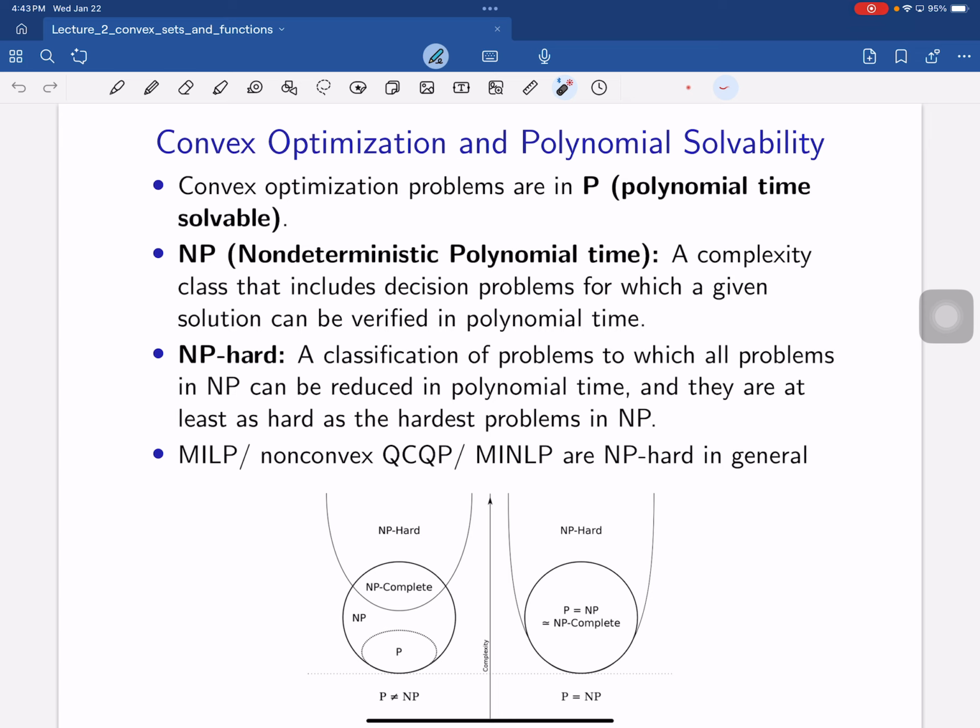So far it has not been proved whether P equals NP or not, but most people tend to believe P is not equal to NP. In other words, if a problem is NP-hard, we just assume it cannot be solved in polynomial time.